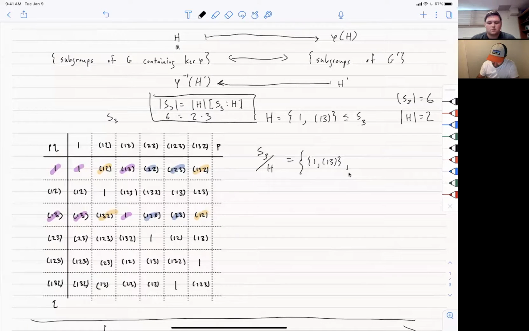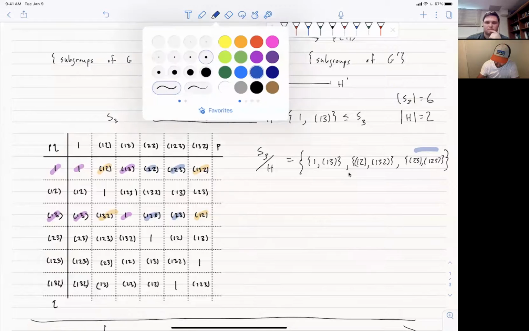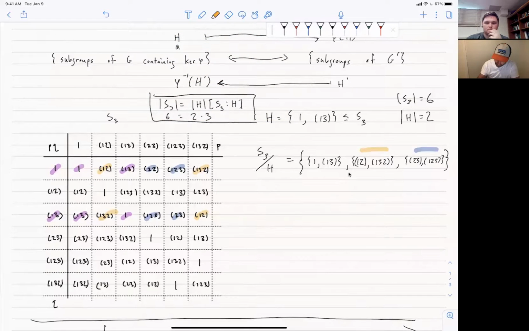So this one was {1, (1 3)}, another was {(1 2), (1 3 2)}, and {(2 3), (1 2 3)} was this guy around here. We color coded, so these were the 3.